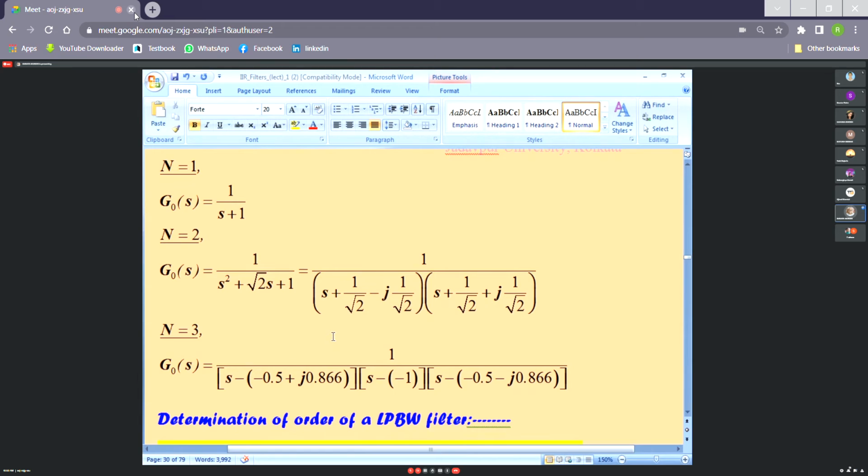It can be a Butterworth filter with a given cutoff frequency, say omega c radians per second, can be a high pass filter, can be a band pass filter or band stop filter. By replacing S in the expression for G0(S) by an appropriate expression, you can move on to the different other cases.